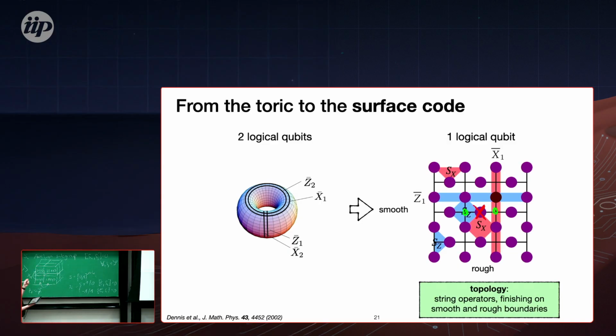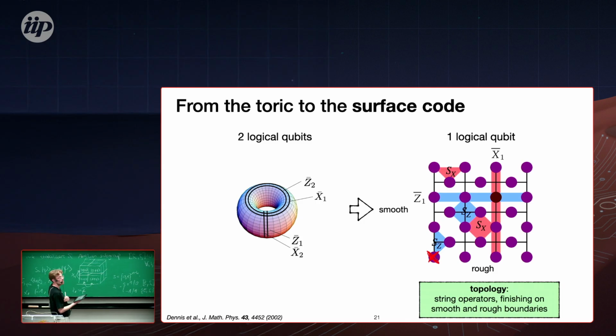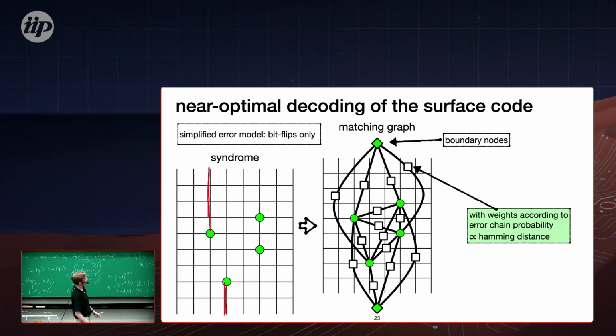However, if we're close enough to the boundary, for example down here, an X error at the boundary, for example here, will only flip 1 stabilizer, namely this one here. So we can actually also draw a string from the boundary to the inside that will not violate a pair of stabilizers, but just a single one. And in order to account for that, we also introduce these two boundary nodes.